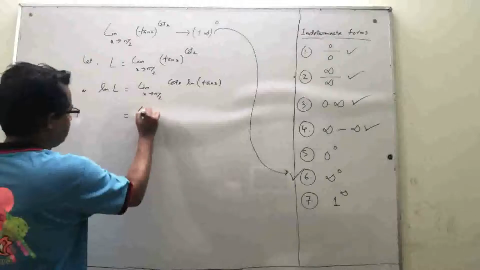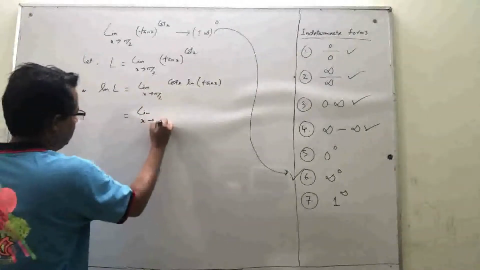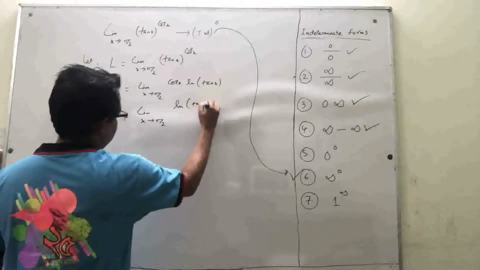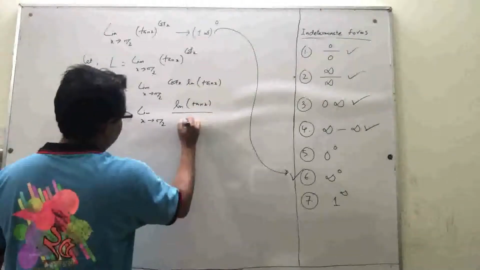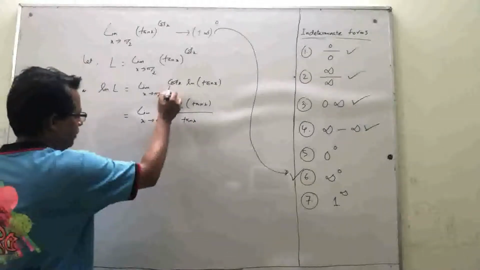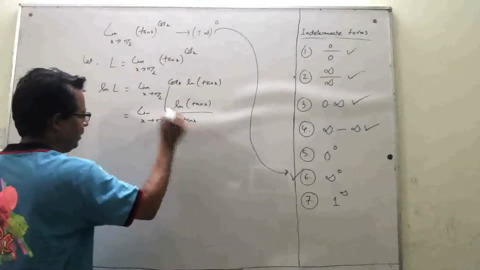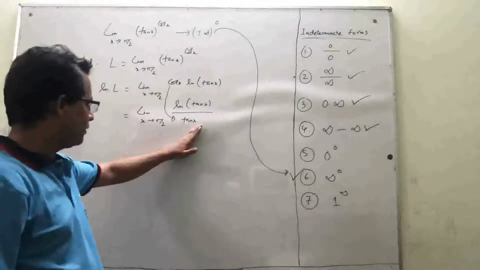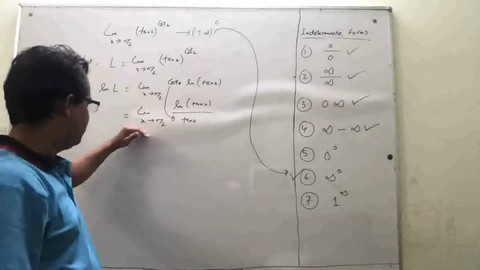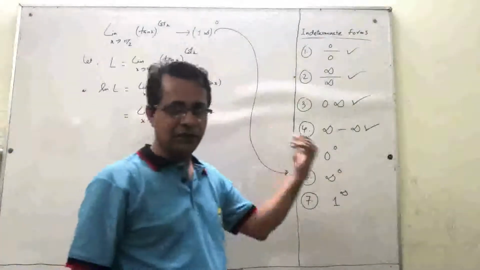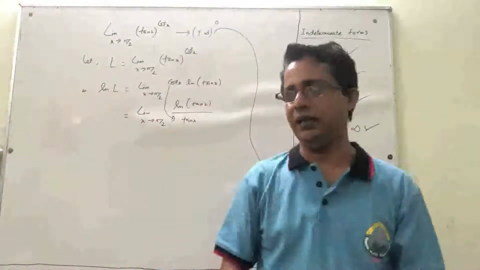Now, limit x tends to pi by 2 of ln tan x over tan x, as we can express cot x by 1 by tan x. The value of this function at pi by 2 is either indeterminate or undefined.